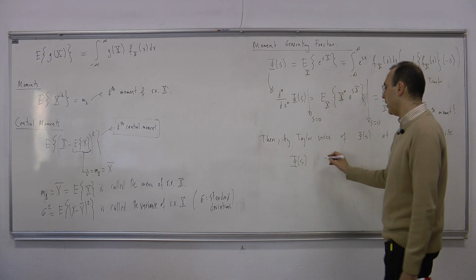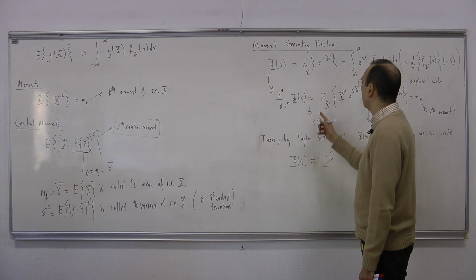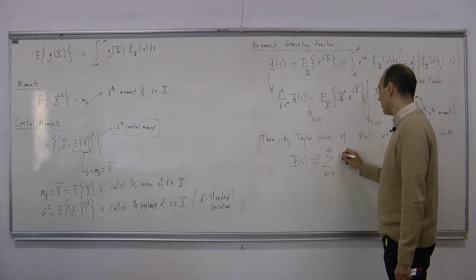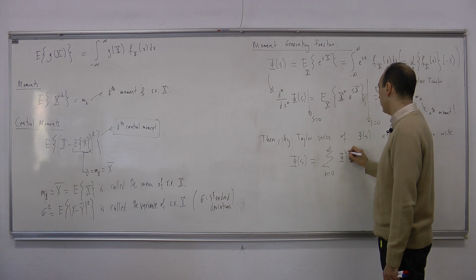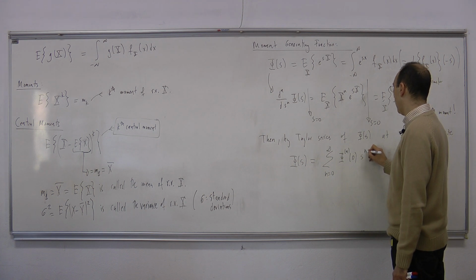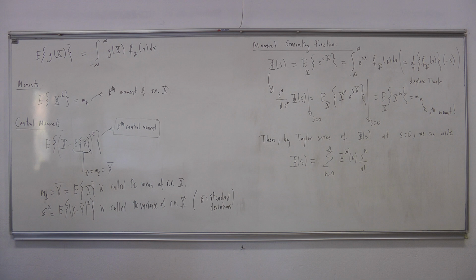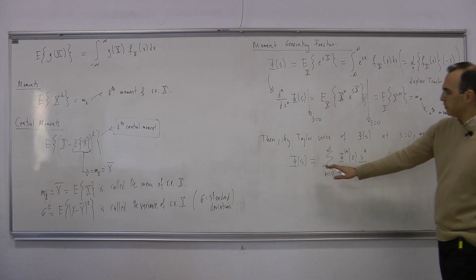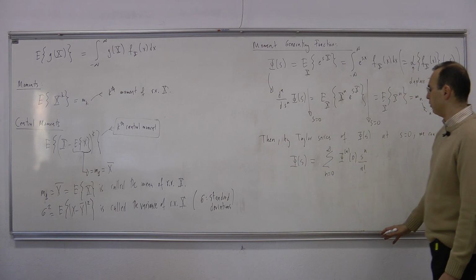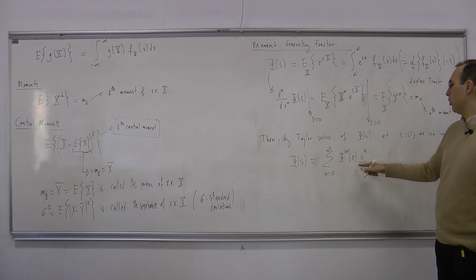Okay, so what's the Taylor series? This is an infinite series, n equal to 0 to infinity, so this is the nth derivative at 0 times s to the n over n factorial. Do you remember this Taylor series? You are assuming that you have an infinitely differentiable function over here. So this is the Taylor series expansion at 0.